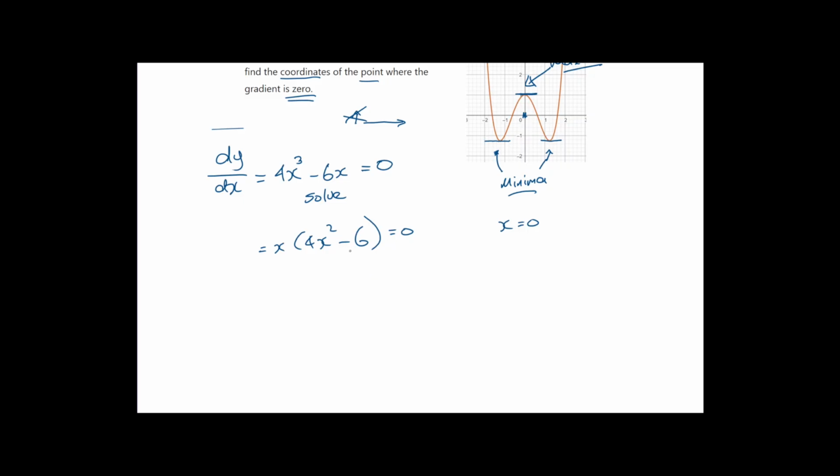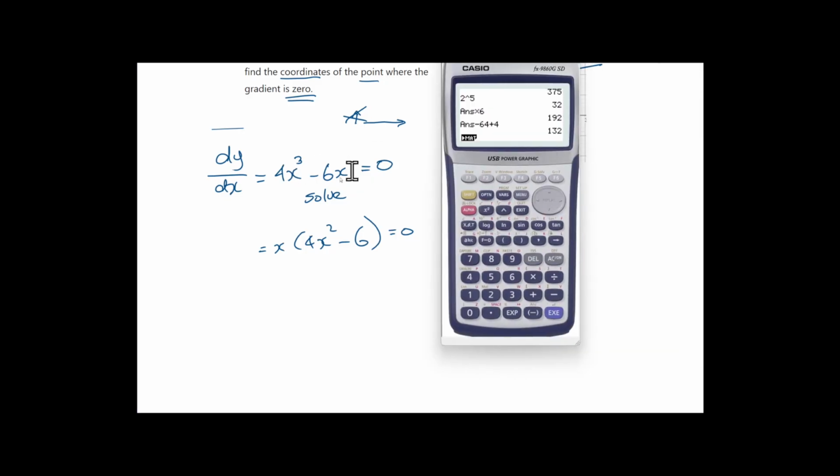But what are the other two? Well, let's cheat. Let's use our calculator. We're going to put that in and solve it. So we're going to go to menu, and there's a couple of ways we have of solving. I guess we'll do both now that I see that. F2 for the polynomial solver.